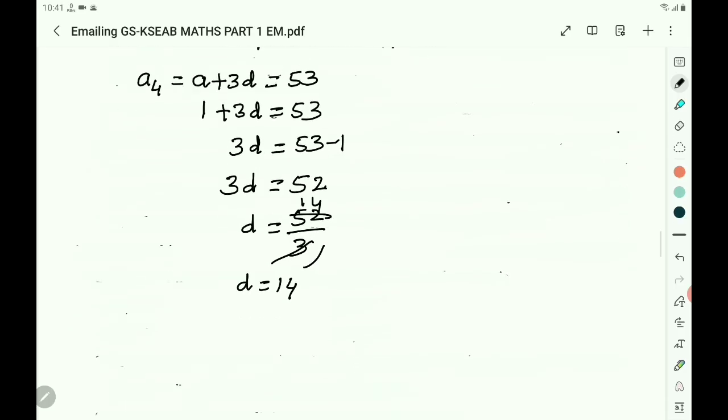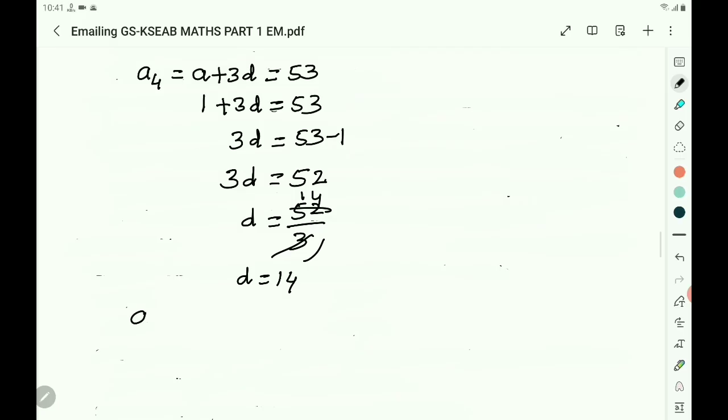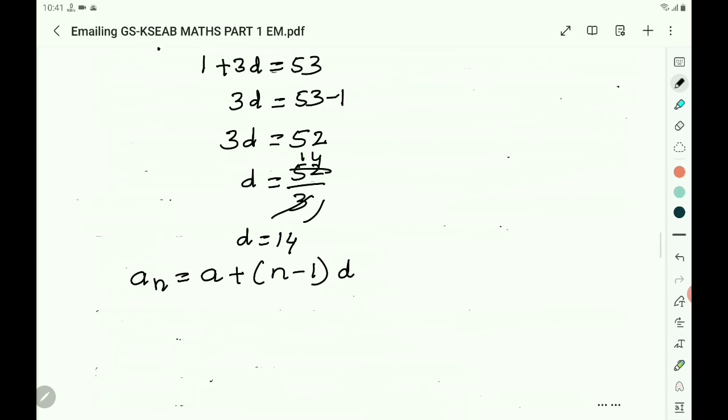Then write the formula for an. an equals a plus n minus 1 into d. That is a is 1 plus n minus 1, n is not given. In terms of n only we have to express.